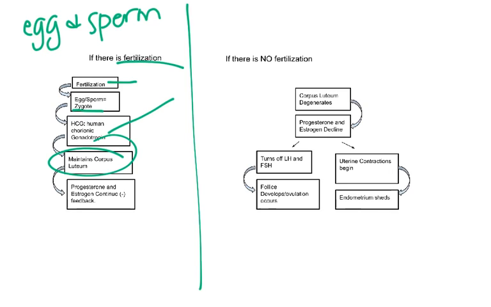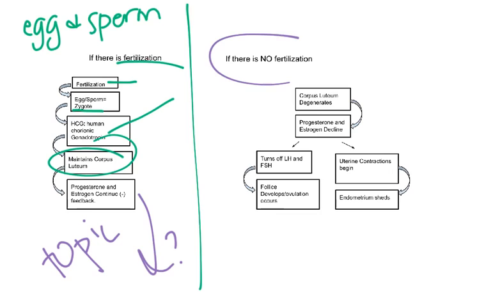That corpus luteum that typically will degenerate if fertilization does not occur will stay, which will then continue to produce progesterone and estrogen and continue that loop of negative feedback. So leading into topic 3 is going to be what happens after this, and more in the specifics into that development after that stage of fertilization.